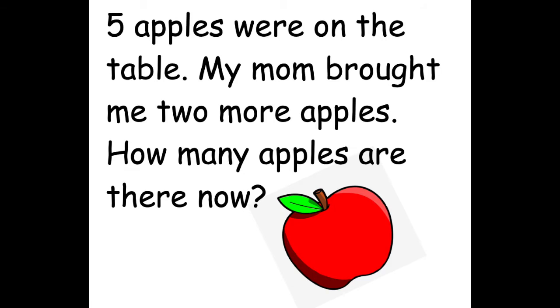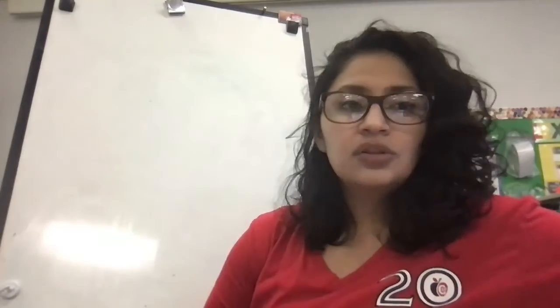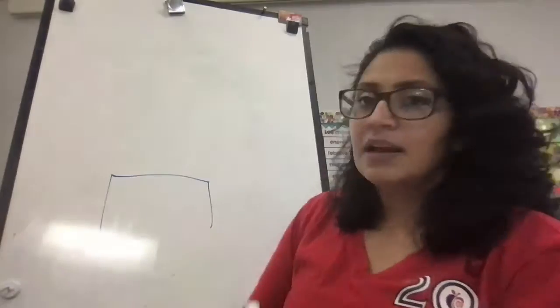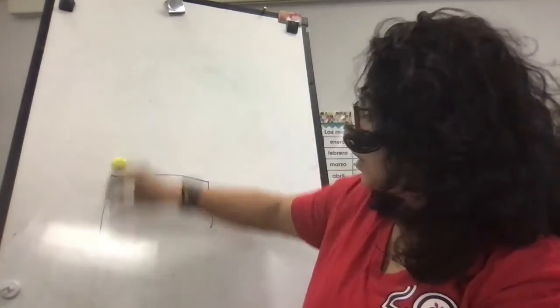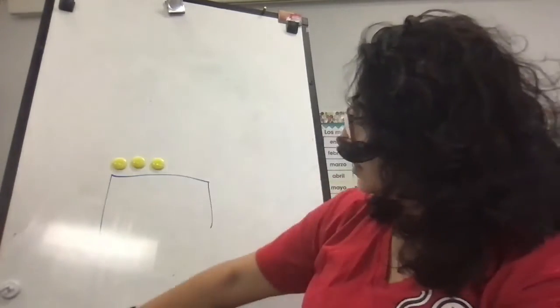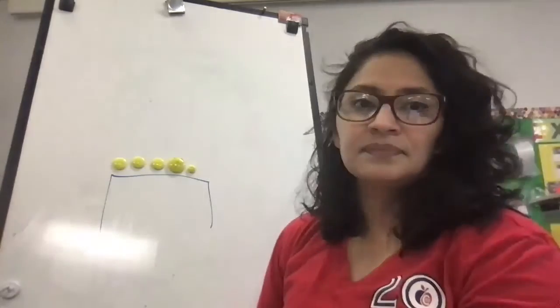5 apples were on the table. My mom brought me 2 more apples. How many apples are on the table now? So there's a table, and on this table are 5 apples. 1, 2, 3, 4, and 5.